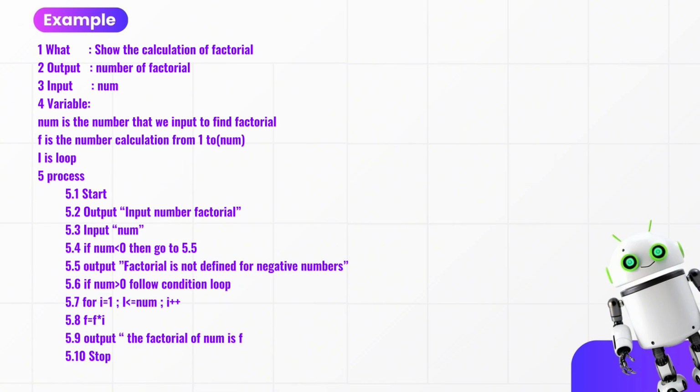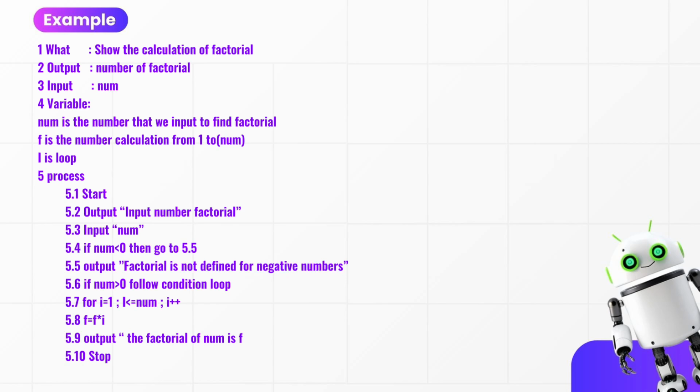Number 5.4, if num is more than 0, then go to 5.5. Number 5.5, output. Output that factorial is not defined for negative numbers, because the factorial cannot start from 0, it starts from 1.